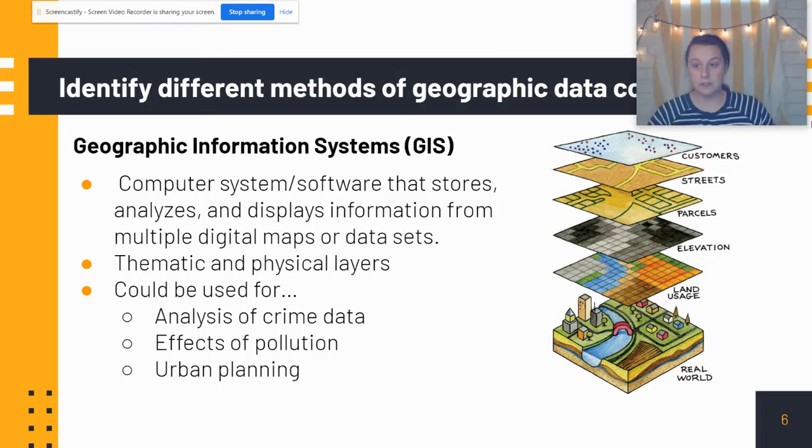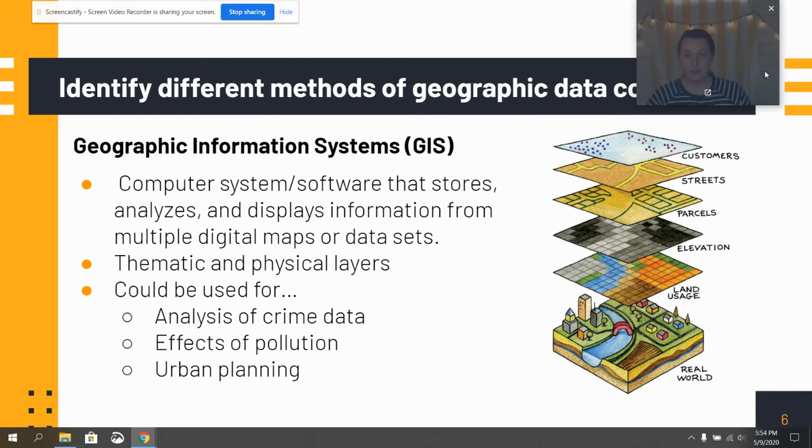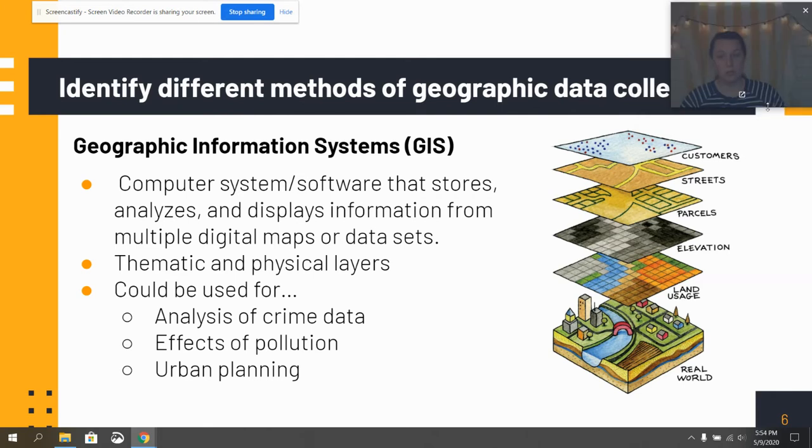So the first one I have here is GIS. GIS is a computer software program, and what it does is it stores, analyzes, displays, and gathers spatial or geographic data from multiple data sets and maps.